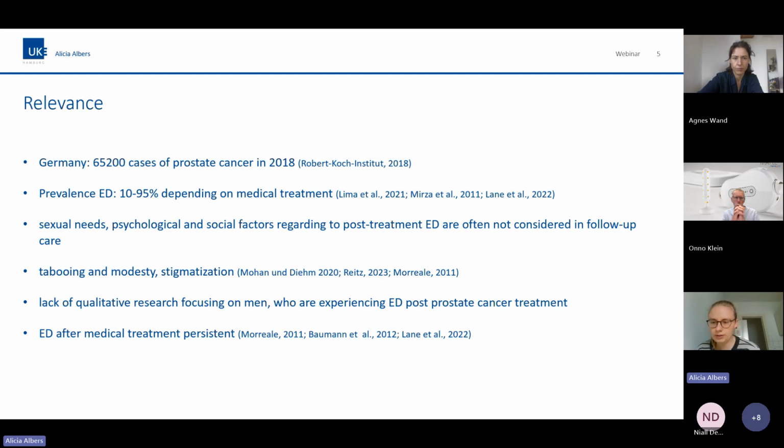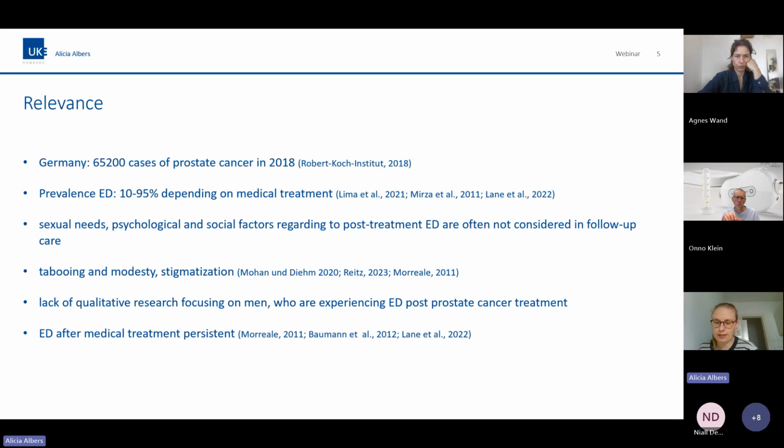So there are a lot of quantitative surveys quantifying ED, but not so much that is focusing on the feelings of men with erectile dysfunction.